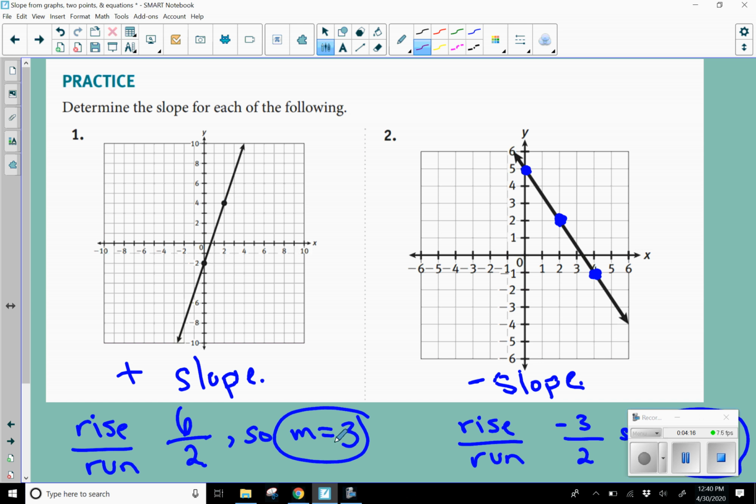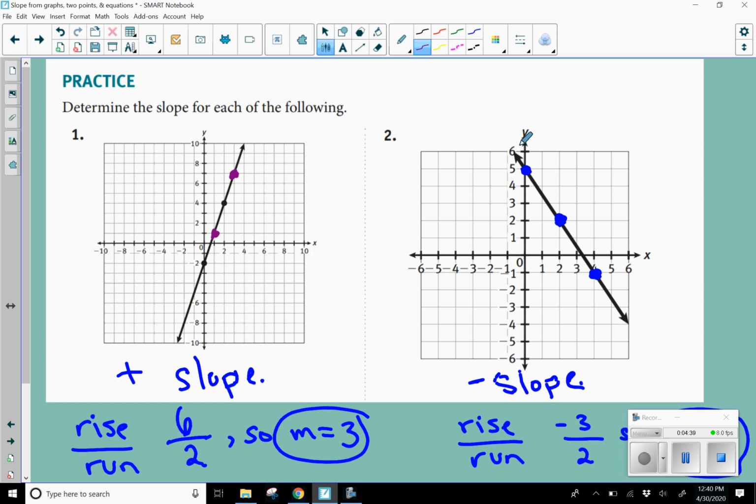So that means we have a slope of 3, which makes sense because if you actually count up 3, 1, 2, 3, and then over 1, I could easily put a point right here as well. From this point, if I go up 3 and over 1, you'll notice I could put another point right here. Let's take a look at the next one.